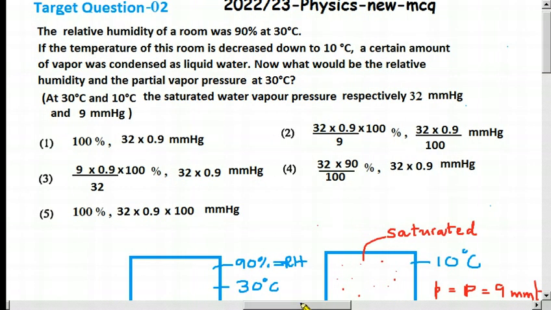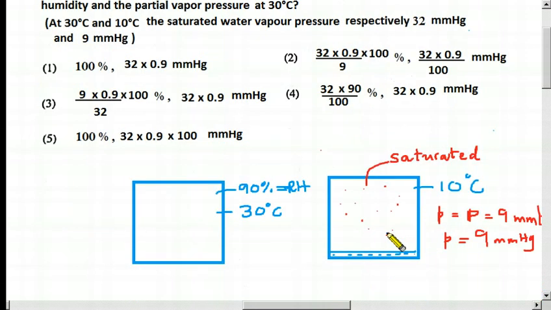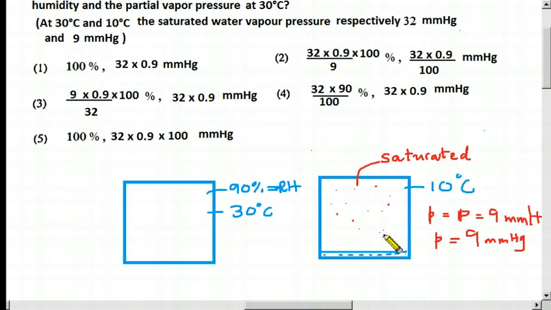In the question, vapor was condensed as liquid water. Now what would be the relative humidity and the partial vapor pressure at 30? Now what would be the relative humidity? That means at 10 centigrade, here relative humidity is 100 because it is saturated. 100%, you don't have to calculate.